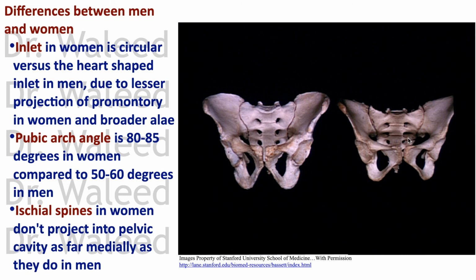And also look at the pelvic brim. It's almost circular in the female, but it's heart-shaped in males because the promontory protrudes inside the pelvic cavity a longer distance than it does in females. So actually you will find everything that makes sure that the passage of a born baby will not be impeded, will be a normal passage.